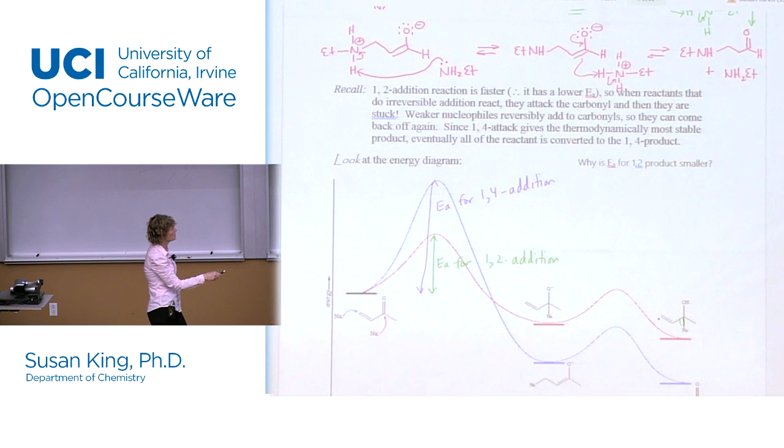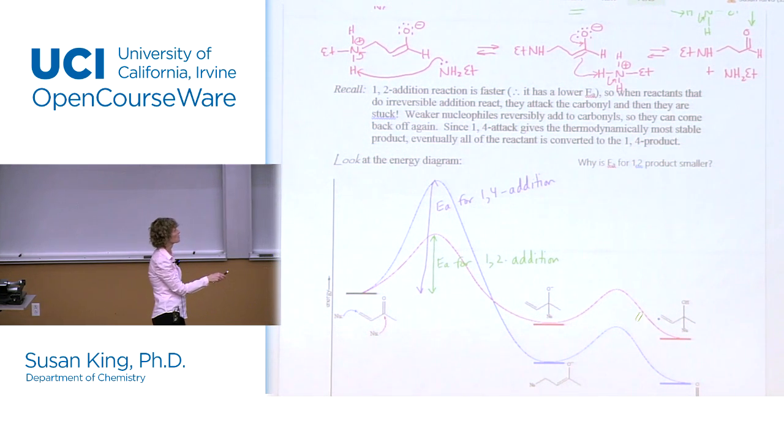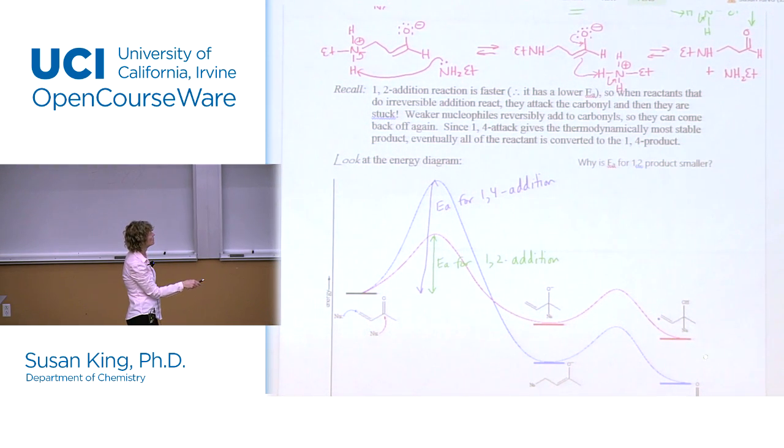Now, which one of these reactions is more likely to reverse? From here or from here? This one, right? Because for this to reverse, it has to come up with a lot of energy. It has to go back here, and it has to go all the way back here. So once this goes here, it's much less likely to reverse because it takes so much energy of activation to reverse.